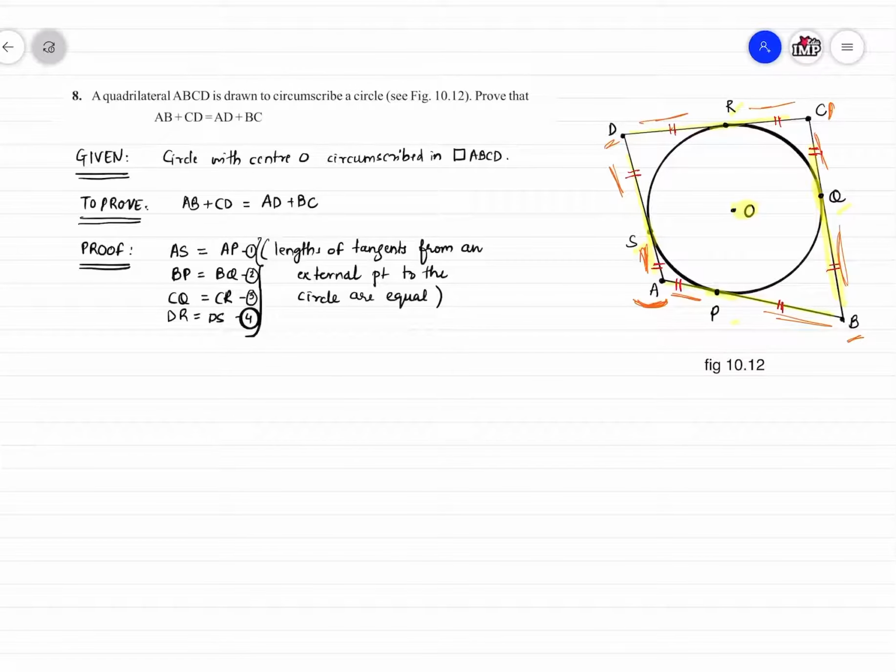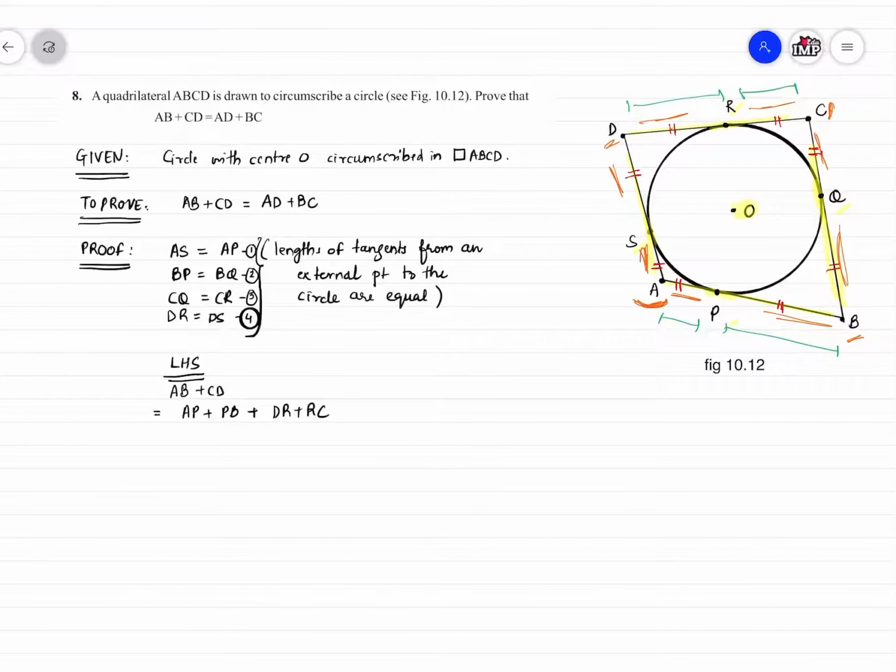Now let us begin with LHS. Okay, so AB plus CD. I know that AB is actually a sum of AP and PB, and CD is the sum of DR and RC. So let us write that down. AB is a sum of AP plus PB and CD is a sum of DR plus RC.